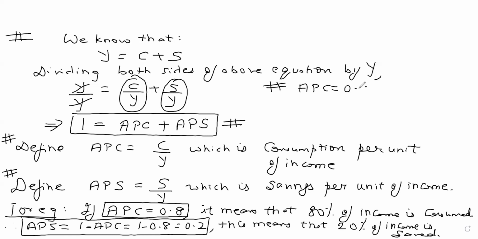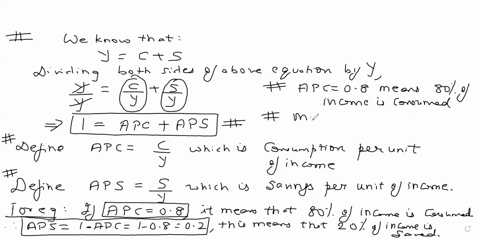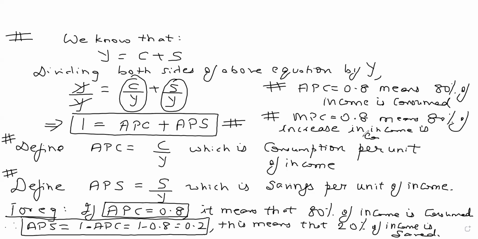APC equal to 0.8 means 80% of the income is consumed. MPC equal to 0.8 means 80% of the increase in income is consumed.